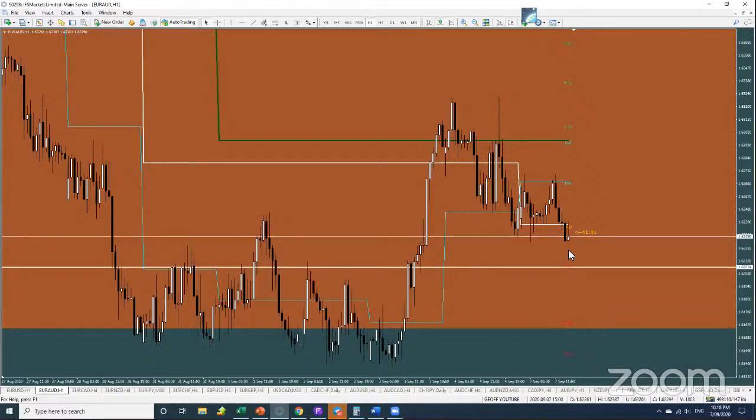The bar would probably have a black body. Something like that sitting down here would be interesting. So that's what I'm waiting for on Euro Aussie. Whether I get it today or not is another story, and it may not surface, as I said, with a potentially dead US session coming up. But that's where I'm at.